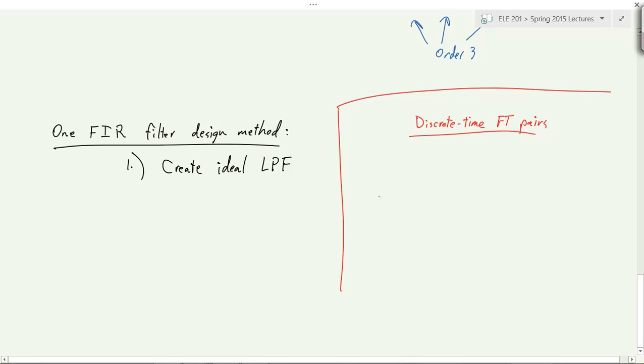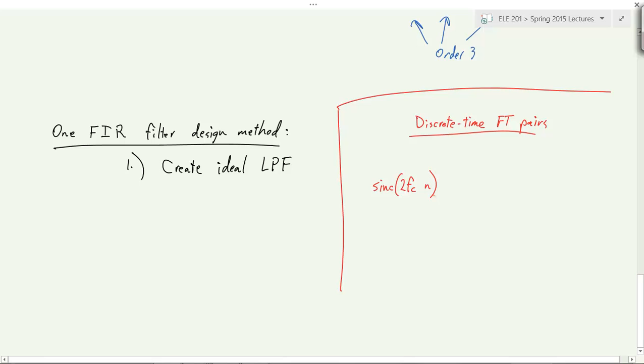So if you have a sinc of, let's say, some cutoff frequency fc. Actually, for the regular sinc, the cutoff frequency is a half. So let's say it's sinc of 2fc times n.